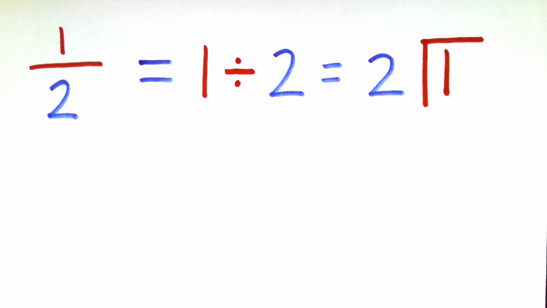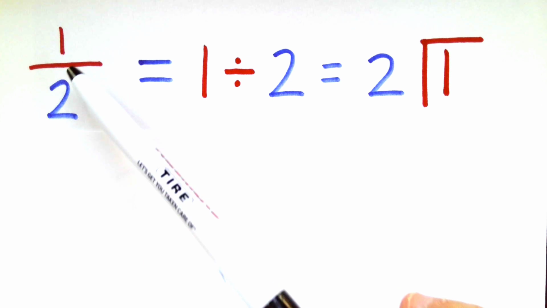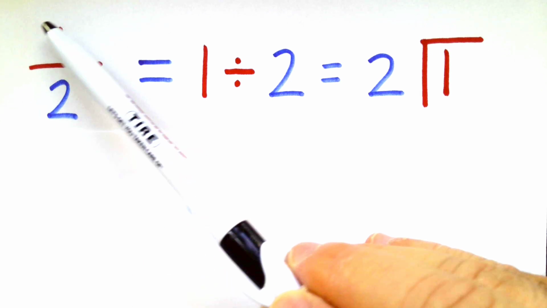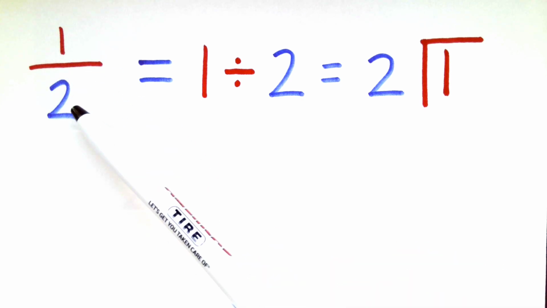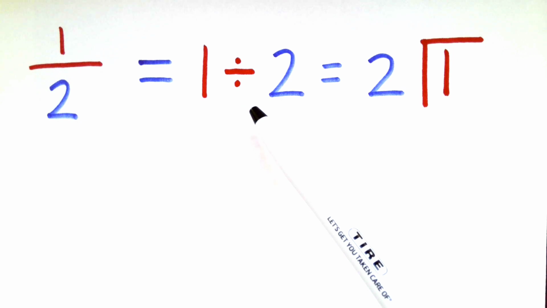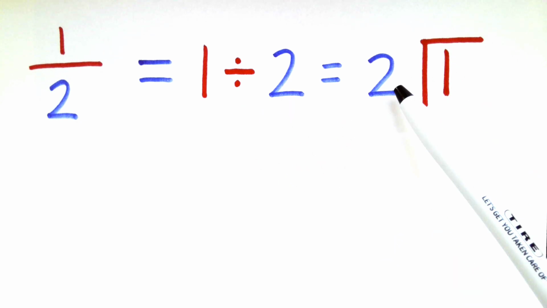Okay, so this fraction, 1/2. 1 divided by 2. Every fraction is a division problem, right? So looking at this fraction in this form, you can say 1 divided by 2. Or you can write it this way, 1 divisor bar 2.